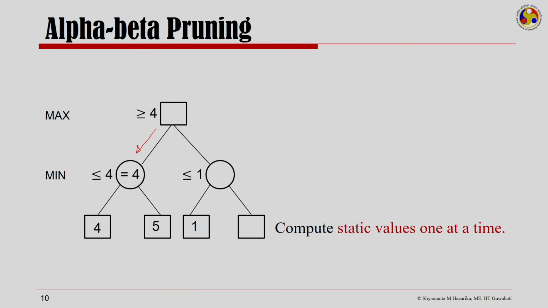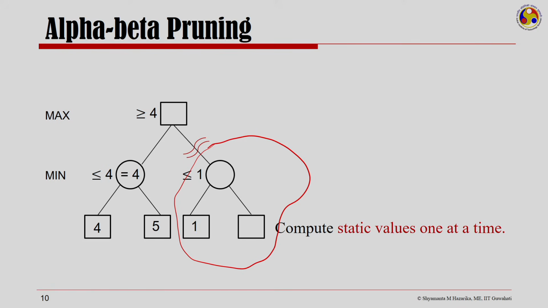Whereas if he prefers to come to the right, all he is guaranteed is something less than or equal to 1, and therefore he would never prefer to come this way. That is as good as saying that this side of the tree doesn't exist for him. So he can think of throwing away all of this, as if this tree doesn't exist.